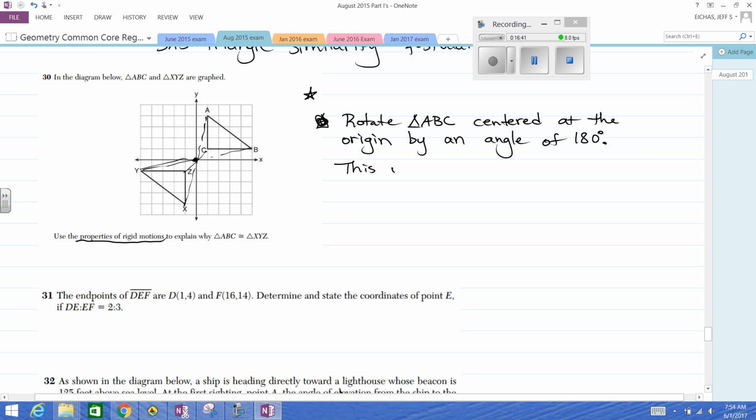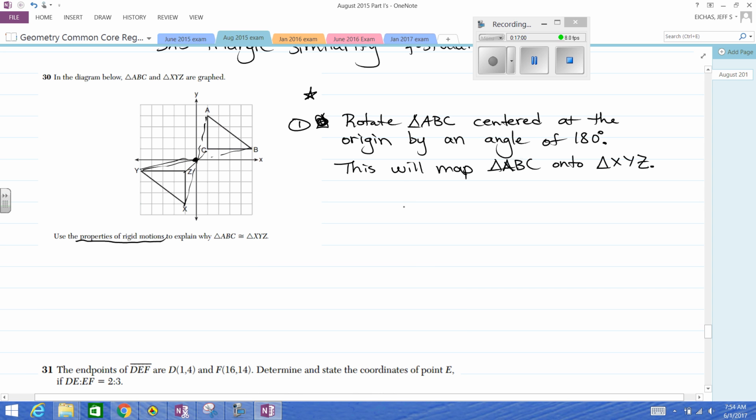This will map triangle ABC onto triangle XYZ. Okay, so that's going to be step one. Now, that is not enough by itself. Okay, you did find the rigid motion transformation that would map one onto the other. Now we've got to explain why that means they're congruent.